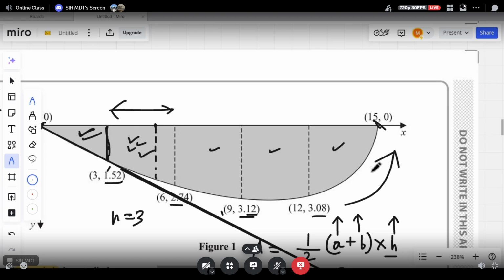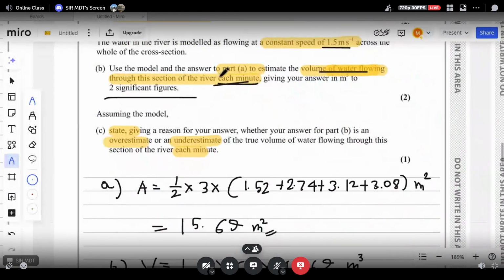Since the trapeziums are getting out of the curve, the area that you will be estimating using the trapezium rule will be an overestimate. Because the graph is curved towards the x-axis, the trapeziums' area will get out of the curve a bit. That's why it will be an overestimate.